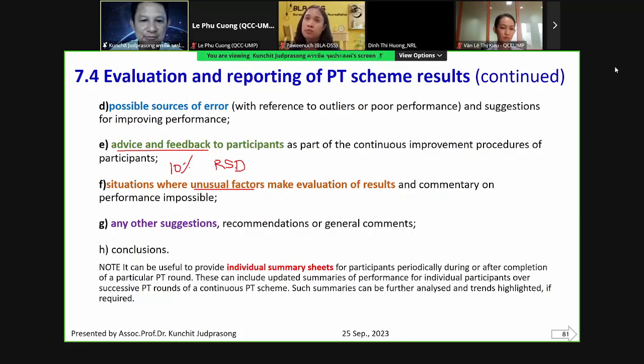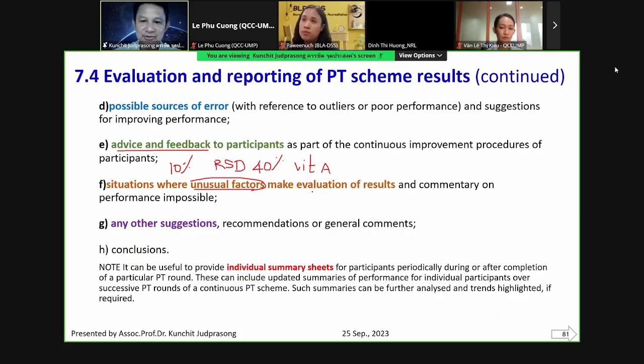But in this program, we got the relative standard deviation or CV 40% for vitamin A. So instead of evaluating, we said, okay, this is the unusual case that we found. So we can say that we will not evaluate this parameter.